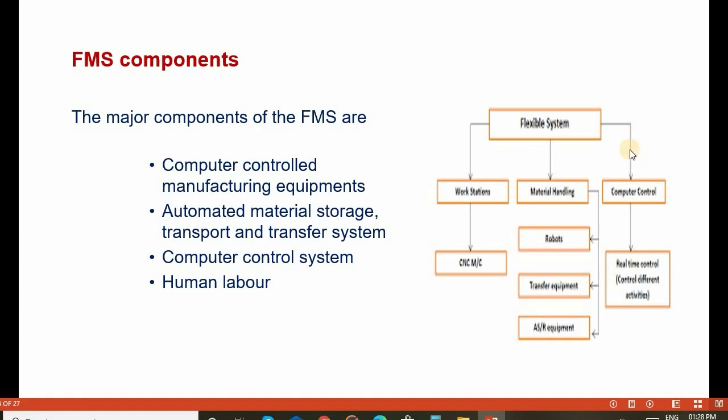The computer is also involved in control systems such as real-time control, which helps to control the different activities in the manufacturing system. These components play a very important role in the manufacturing systems to produce various components and products.